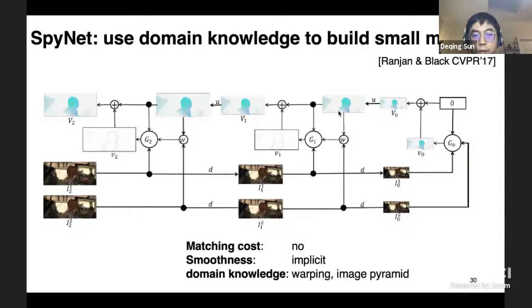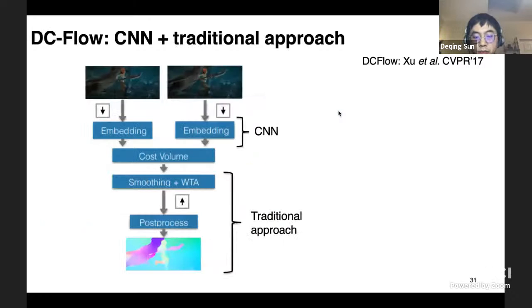When we did the work, the best performing method was a combination of traditional approach with the network-based approach. It first extracts some neural network features from the two input images and builds a cost volume, and then applies traditional approaches like smoothing, winner take all, and also traditional energy minimization to estimate the optical flow.